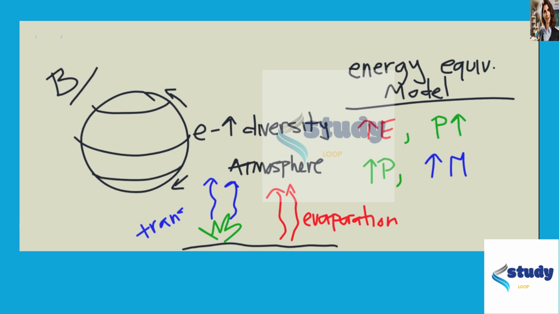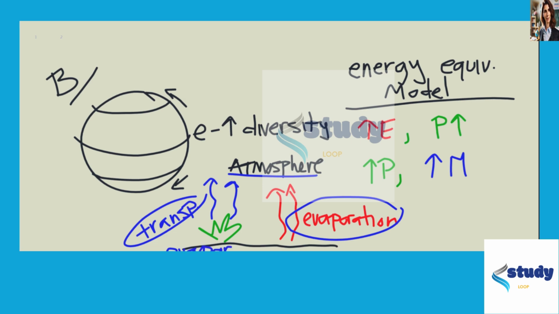Those two things together make up our atmospheric water. This process of both transpiration plus evaporation is evapotranspiration. It's not really the most clever name you've ever heard, but at least it makes it easy to remember.